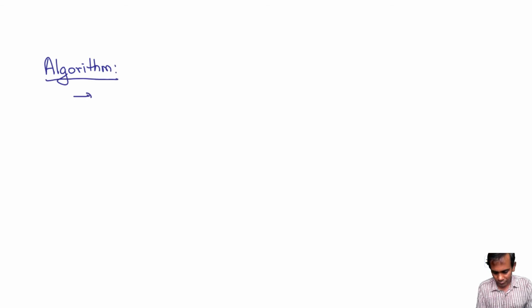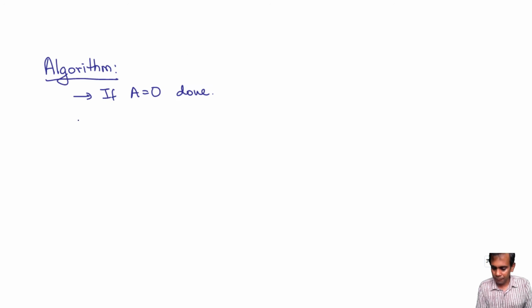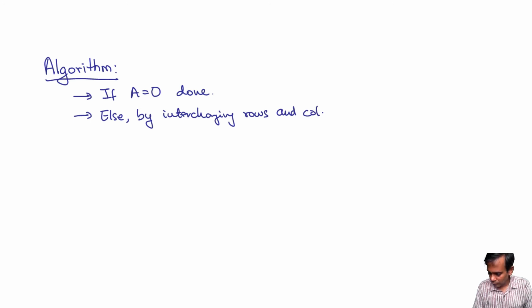So if A is 0, there's nothing to do. It's already in a canonical form. There are no ones, so it's just 0 everywhere. And otherwise, what you do is, by interchanging rows and columns, make sure that A11 is not equal to 0.